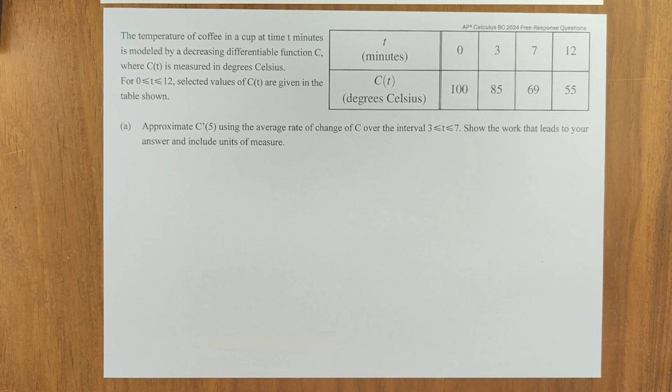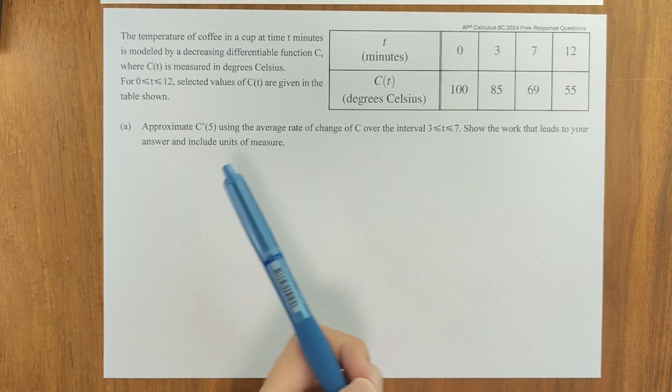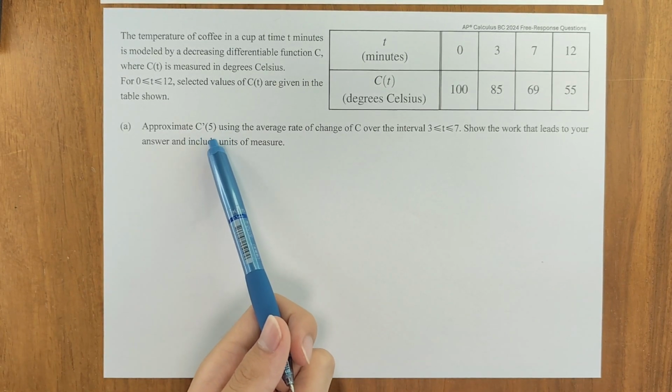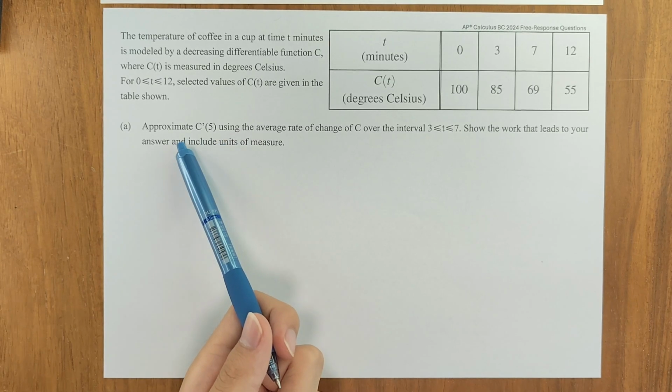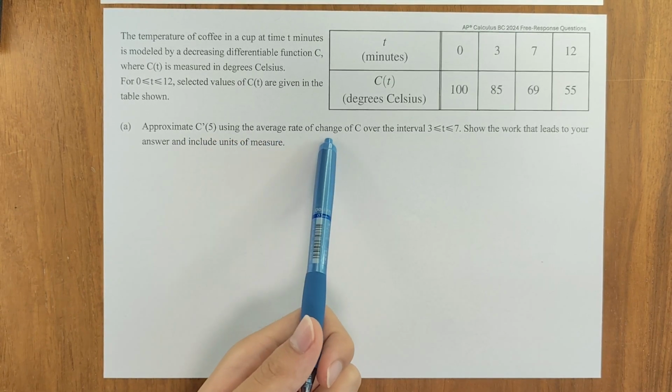Okay. So question number A, approximate C prime of 5 using the average rate of change of C over the interval t equals 3 to t equals 7. Okay, so first, C is modeling the temperature of coffee. We are being asked to find C prime of 5 and to approximate it using the average rate of change.